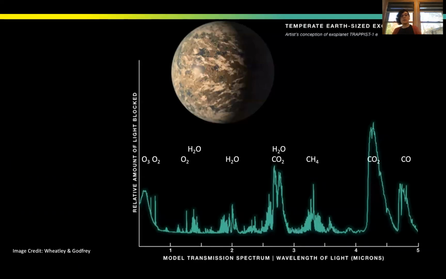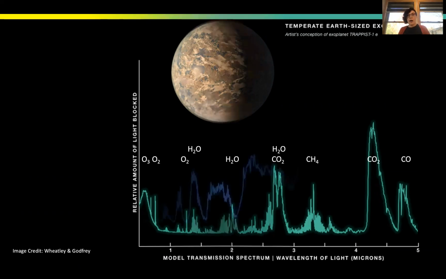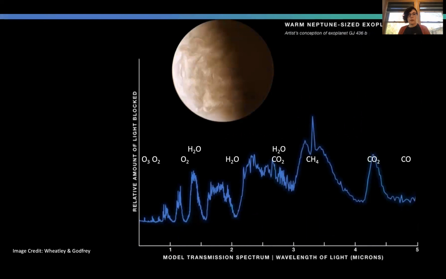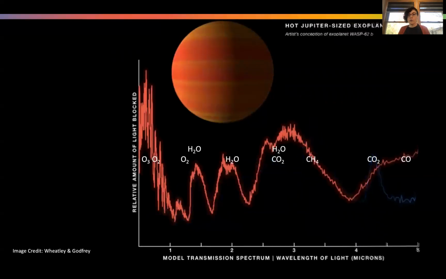What you see here is an example of the atmosphere of an Earth-like planet, as it would look for Webb. And this is how a Neptune-like planet would look. And finally, this is the atmosphere of a hot Jupiter.